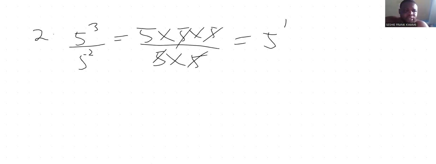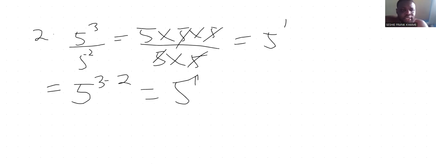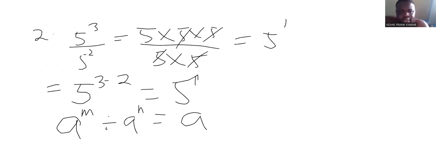In simple terms, once you are dividing and the bases are the same, keep the base and subtract your exponents. So a exponent m dividing a exponent n gives a exponent m minus n. We subtract the exponents. That is the second law of indices.